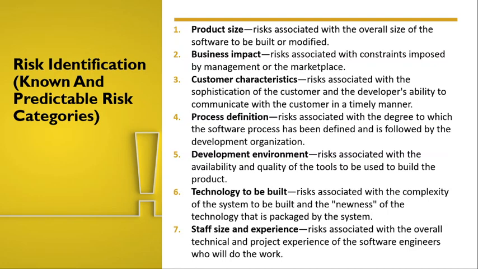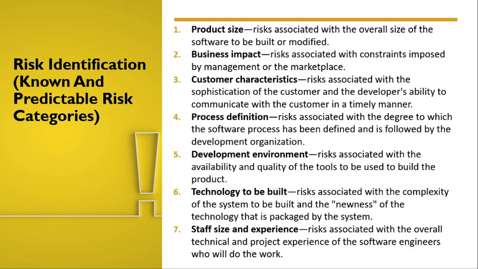So, picking up the example of technology to be built, the risk associated with the complexity of the system to be built, and the newness of the technology that is packaged by the system. Yes, this is predictable, isn't it?